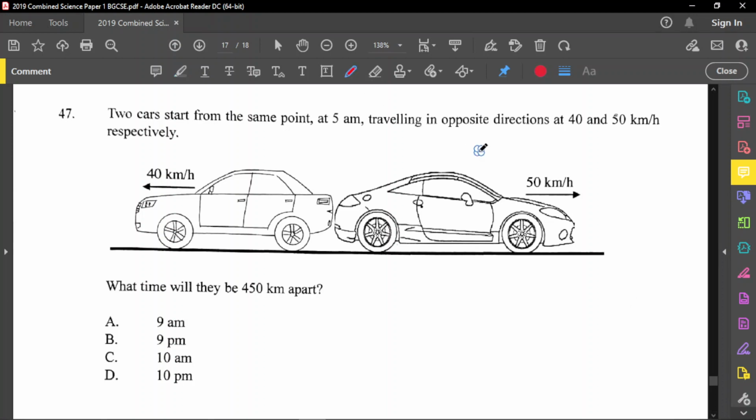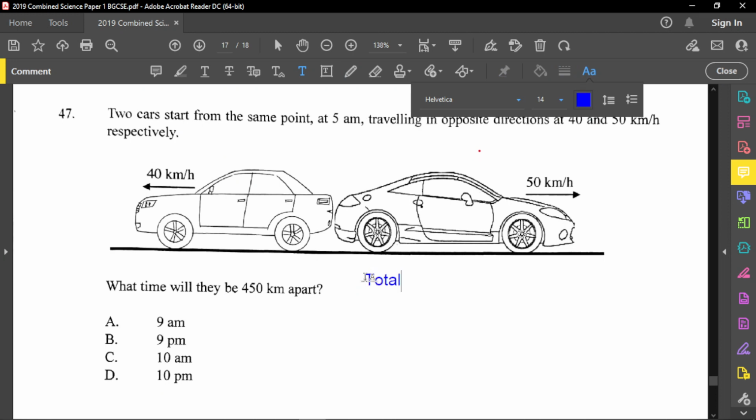By quick calculation, what you need to know first is the total speed. The total speed equals 40 plus 50, which equals 90 kilometers per hour.